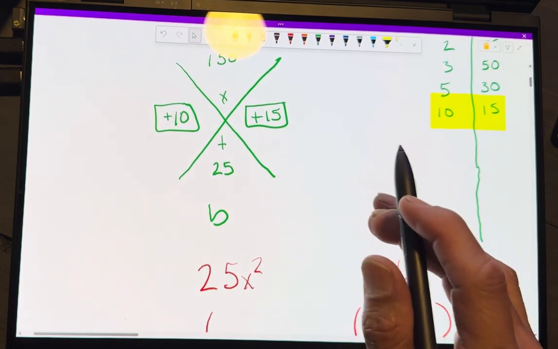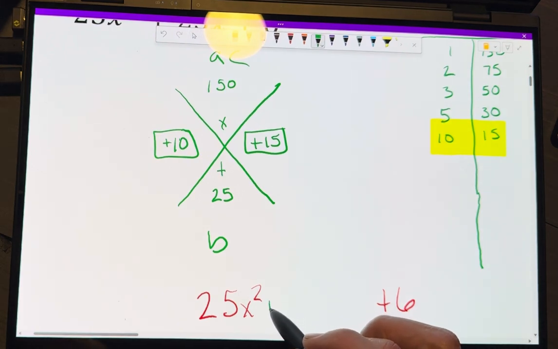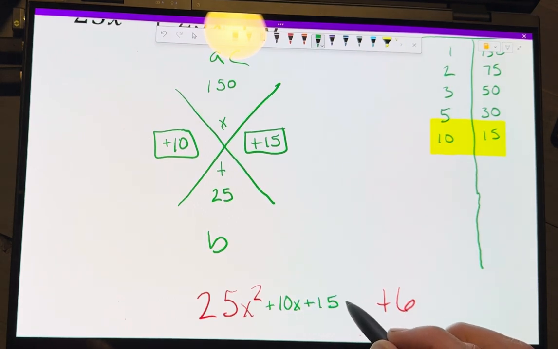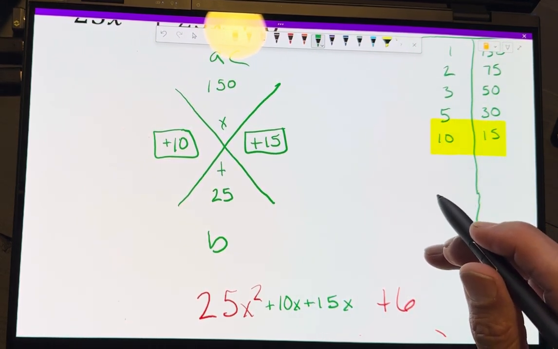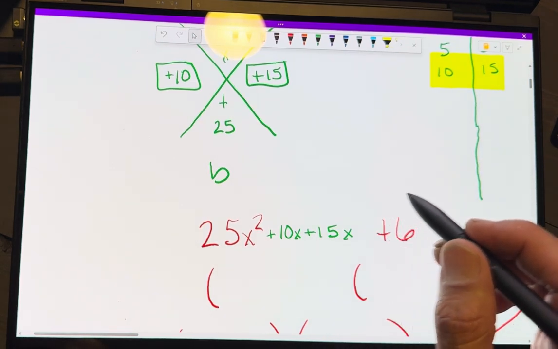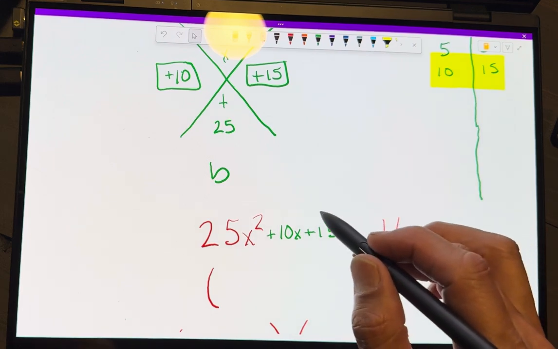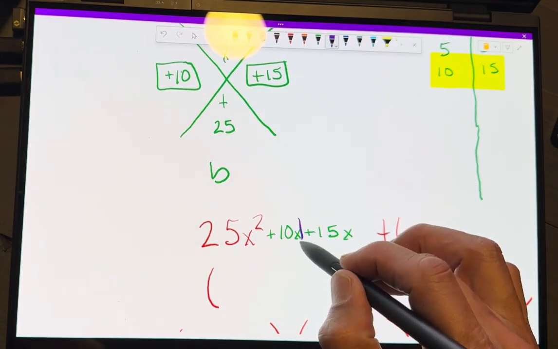Okay, so we got 25x squared, and now the replacement for 25x is 10x plus 15x plus 6. Now let's find the GCF of the first two and second two terms.